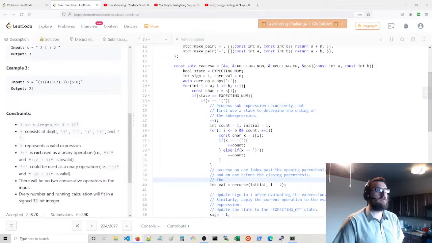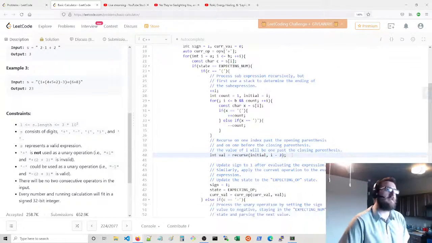The value of i will be 1 past the parenthesis. Yeah, so that's kind of interesting.